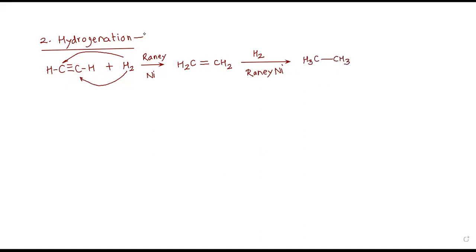So if I write the names of the products, this is, sorry, ethane. This is ethene, alkene, and this is ethyne. So whether they give you any alkene, any alkyne, the reaction takes place in the same manner.